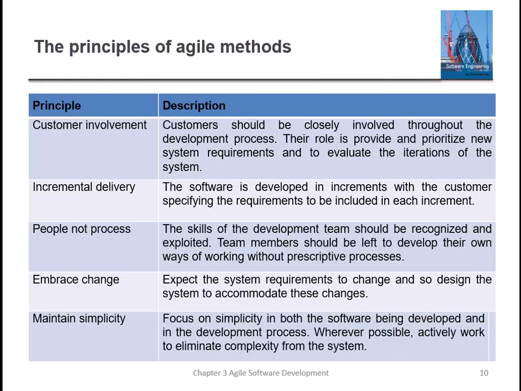Incremental delivery, that is the second principle. The software is developed in increments with the customer specifying the requirements to be included in each increment. So that will be decided by the customer, which requirements, which functionality should be included and which should not be included in the particular increment, and that can be finalized using requirements prioritization.